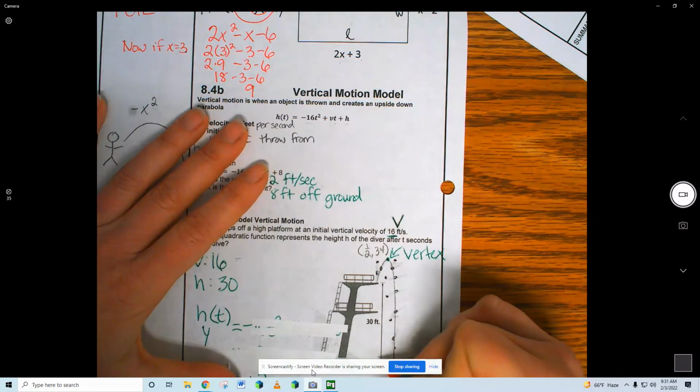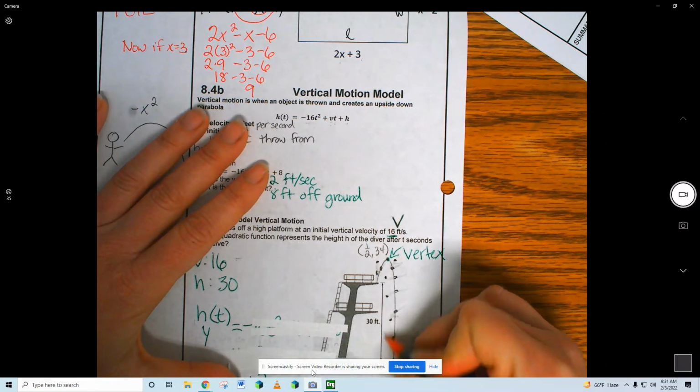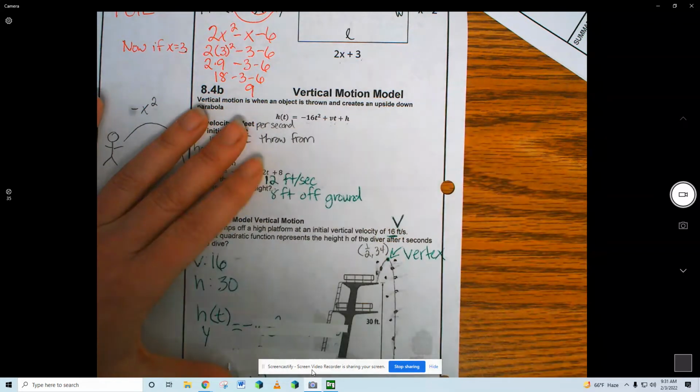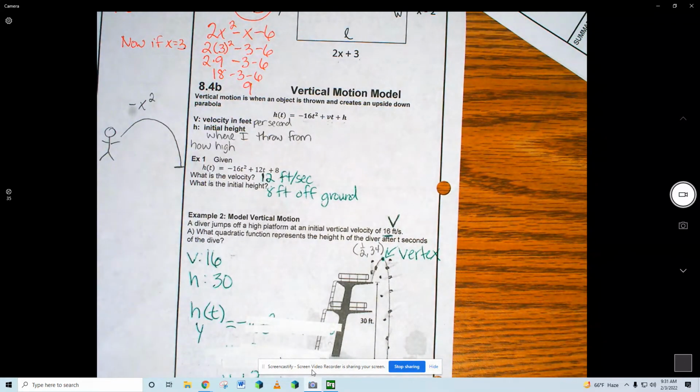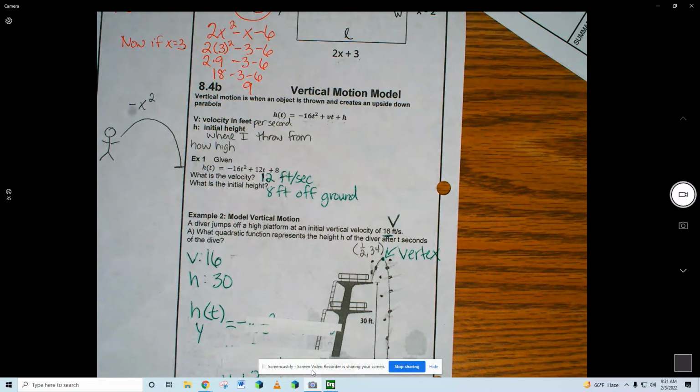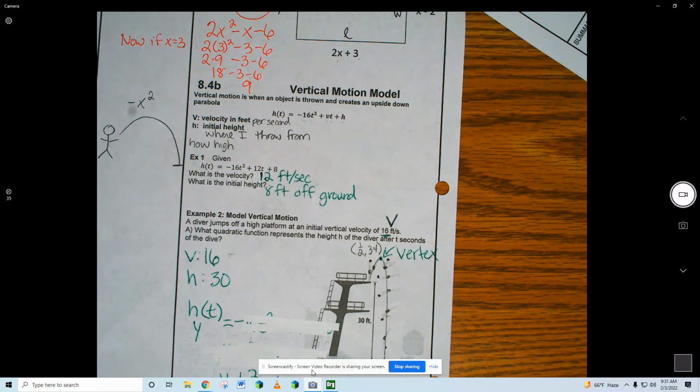It's over just a 1/2 foot, but up 34 feet. It's 34 feet high off the ground. She started at 30 feet, and the very top of the curve of the body was 34 feet. So that's what the vertex stands for, how high the top of the curve is.